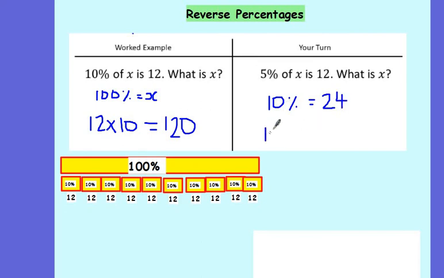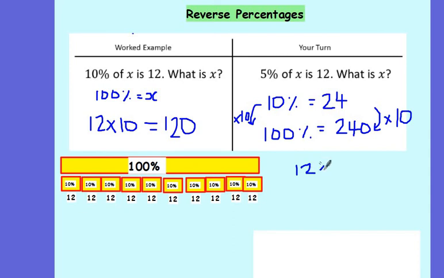If 10% of x is 24, and we know there's 10 lots of 10% within 100%, this tells us that x must be 240. You could have worked it out and said there's 20 lots of 5%, so you could have just done 12 times 20, that would also work, which would give you 240.